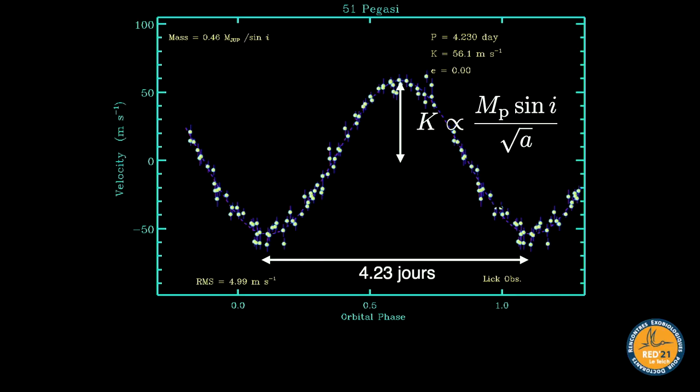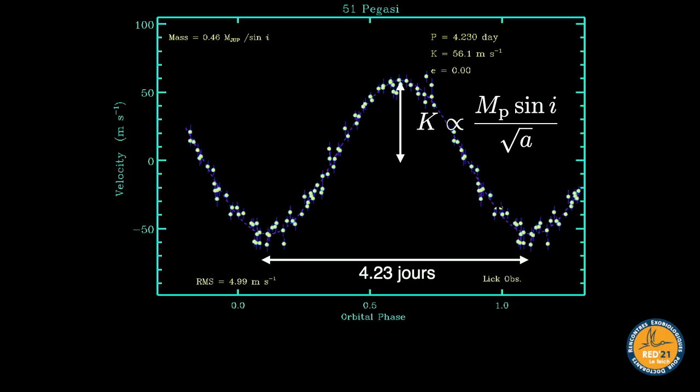And here, for example, is a diagram showing the radial velocity of a star, 51 Pegasi, as a function of time. You see that you have this sinusoidal variation of the radial velocity with time, with a period of 4.2 days and a semi-amplitude of about 50 meters per second.